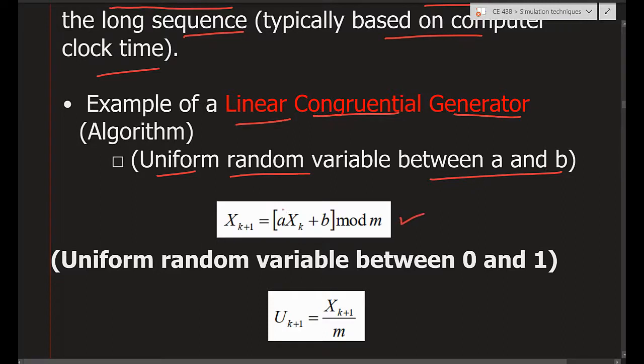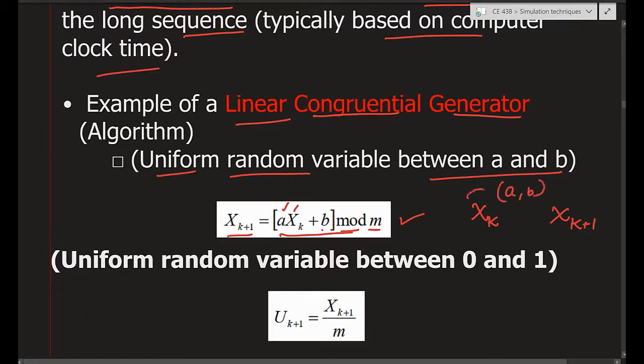This is a times xk plus b mod m, and this will give me the next number, that is xk plus 1. Let's try to understand all this. At a certain point of time we have generated a random number xk, and then we want to generate another random number xk plus 1, that is the k plus 1th iteration. We will use this formula, and this will give me a number between a and b.